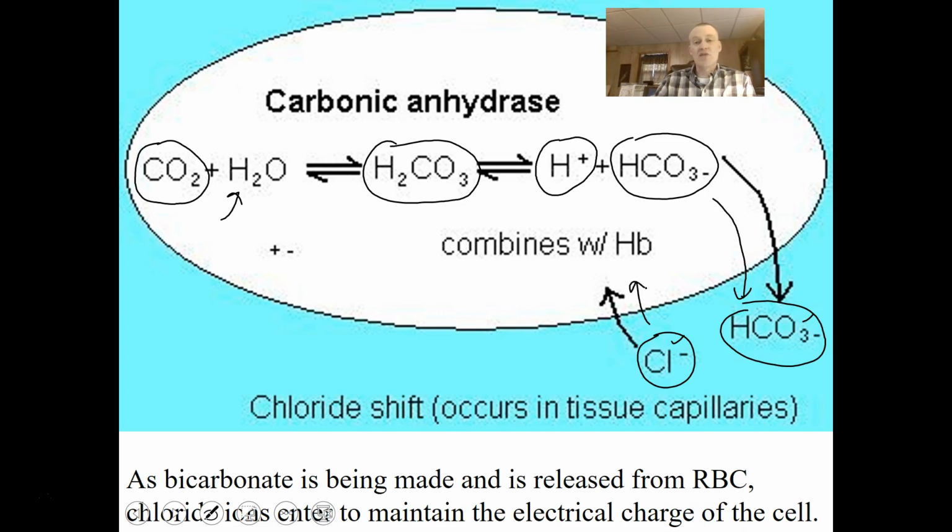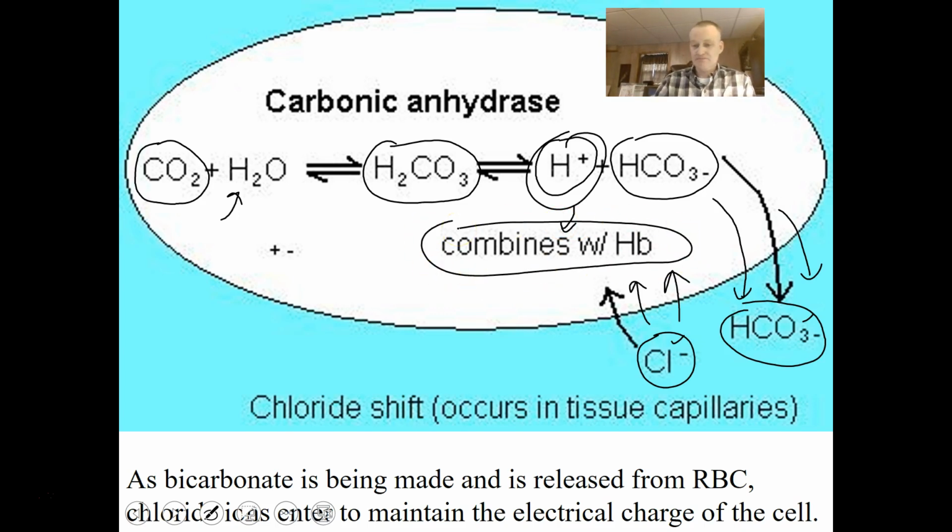It ensures that osmotic balance stays the same inside the red blood cell so that it doesn't swell up with water. To maintain electrical neutrality, we bring in chloride ions and take out the bicarbonate ions. They're both negative, so we're not changing the charge. Now these hydrogen ions can actually combine with the hemoglobin molecule, and that's what this little part down here means.